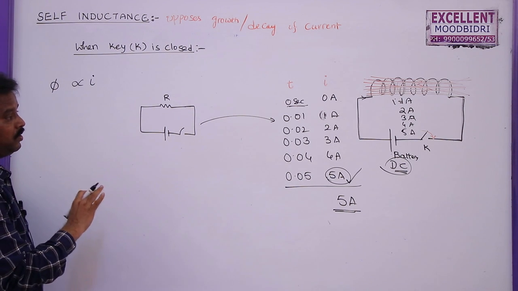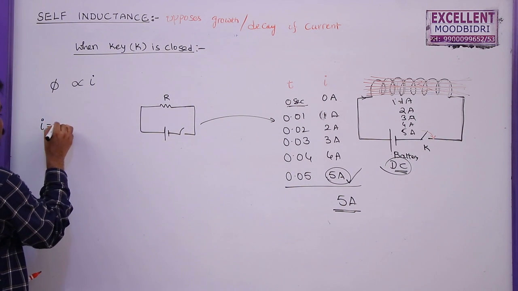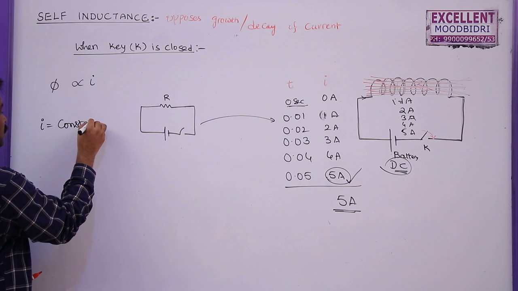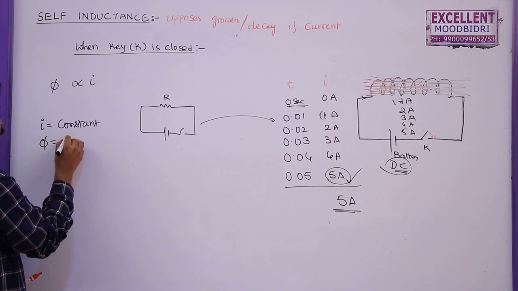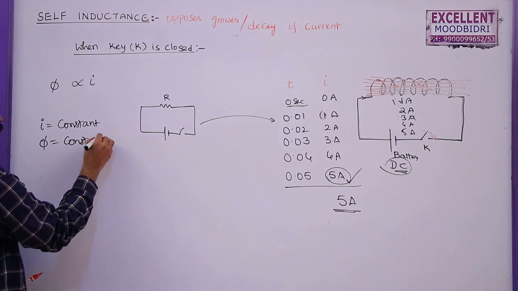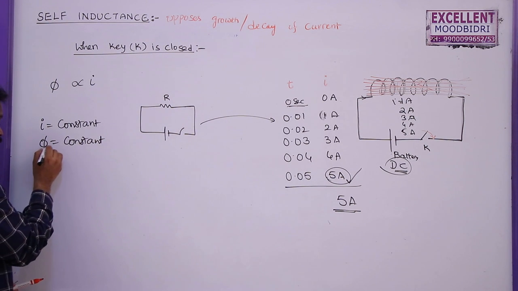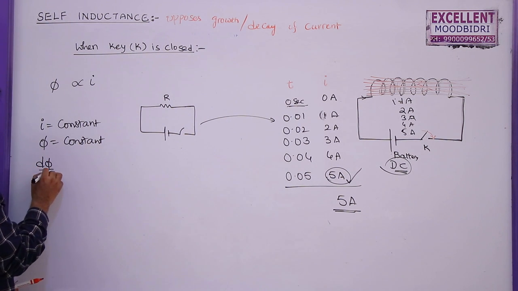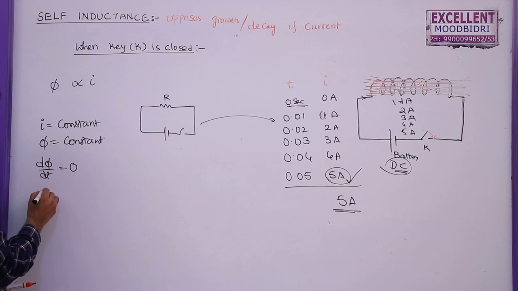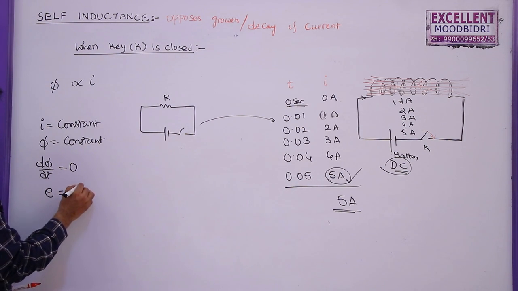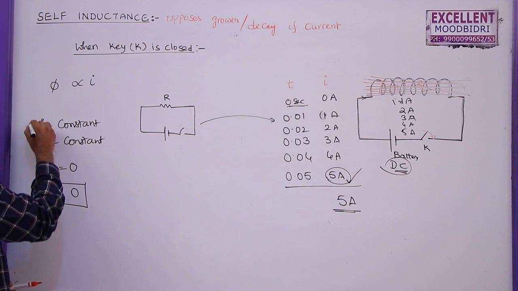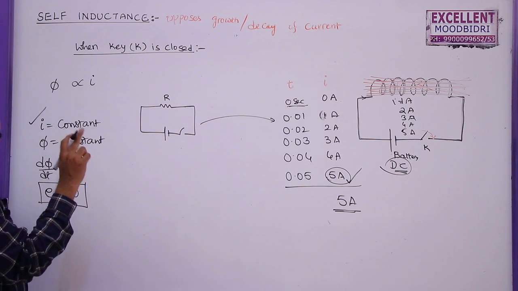So EMF will not be induced. If current is constant in the coil, flux will be constant, because both are directly proportional to each other. As the flux is constant, the rate of change of flux will become 0. So the EMF induced becomes 0. This is the case when the current through the coil is constant.